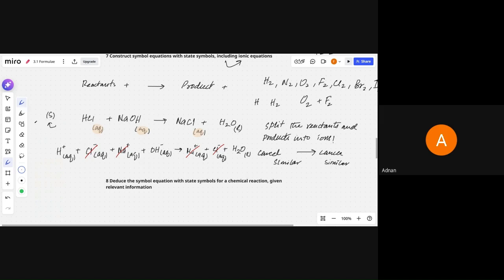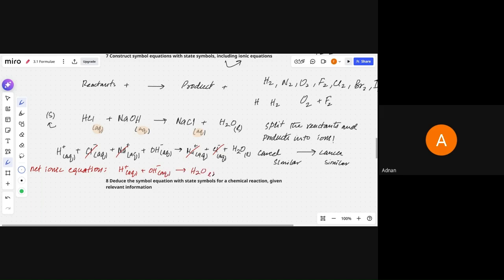Now this is the net ionic equation. What is left on both sides, you just write again: H+ (aq) plus OH- (aq), don't forget to write the state symbols, and this produces H2O.